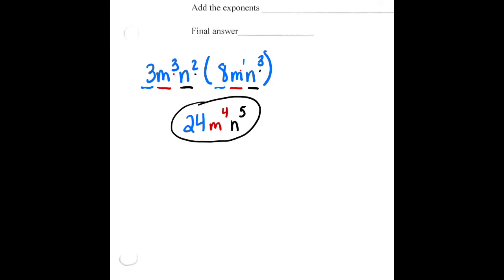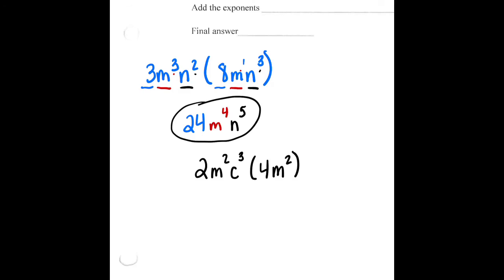One more thing I would like to discuss. Say we have a variable that does not match the others, which will occur in your practice. If you have a variable that does not match, let's say we have 2m squared c cubed times 4m squared.